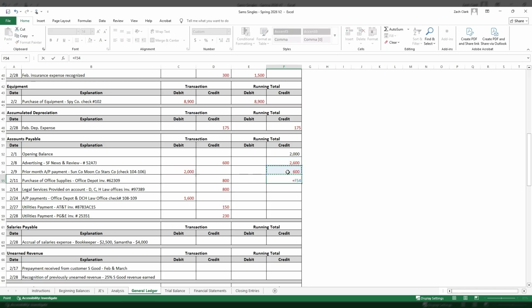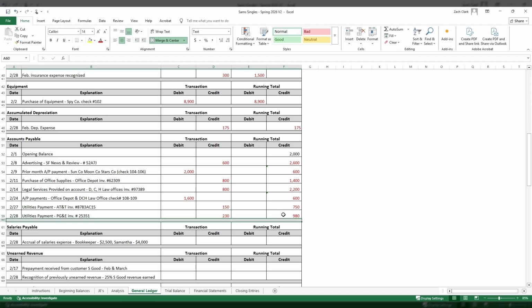So just a little different formula than for assets because of the debit credit difference, but overall the same process. Take the prior, add the credits, subtract the debits, and check myself. We end up with $980. Yep. Okay. So $980 ending balance in accounts payable.